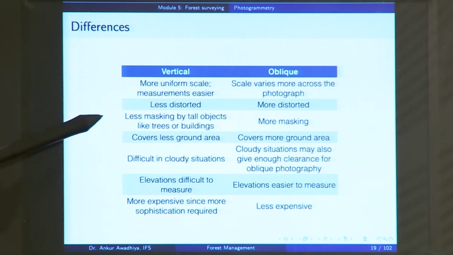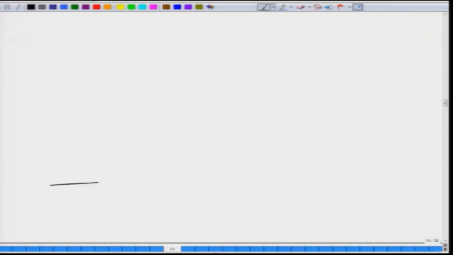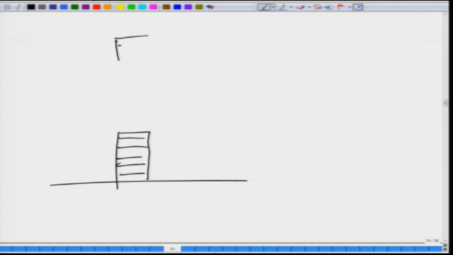In the case of a vertical photograph, there is less masking by tall objects like trees and buildings. In the case of an oblique image, there is more masking. Now what is masking? What we are saying here is that, suppose you have a building. If you are taking the image from a vertical angle, you are able to see the building completely, you are even able to see the trees that are here.